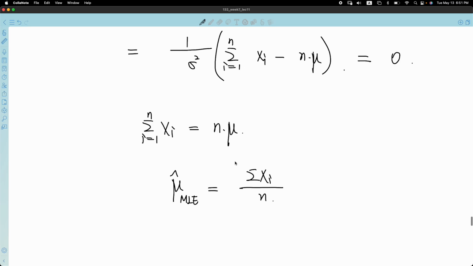This is also an intuitive result: to find the mean or the expectation for normal random variables, you just take the sum divided by n. Okay, I'll pause here, and let me know if you have any questions. Okay, so let me pause the video.